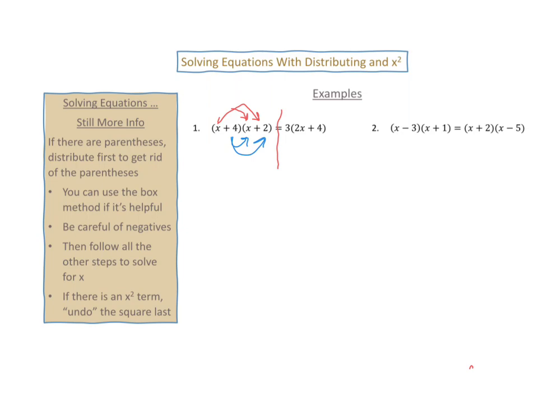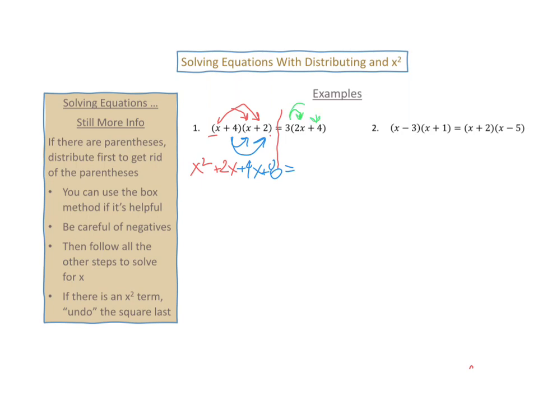So what I end up with is x times x, which is x squared, x times 2, which is plus 2x, 4 times x, which is plus 4x, and 4 times 2, which is plus 8. And it equals 3, which I multiply times the 2x, and times 4.